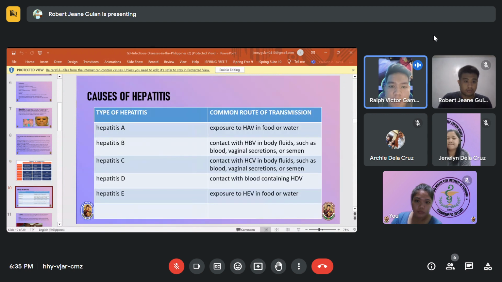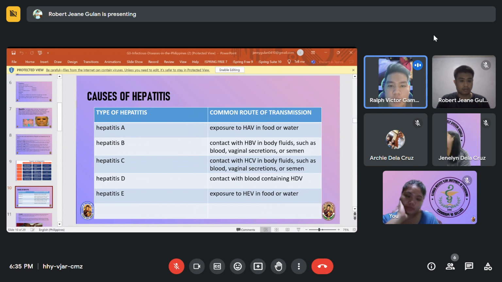The causes of hepatitis. Hepatitis A. The common route of transmission is exposure to hepatitis A virus in food or water. The second one is hepatitis B. The common route of transmission is contact with hepatitis B virus in body fluids, such as blood, vaginal secretions, or semen.